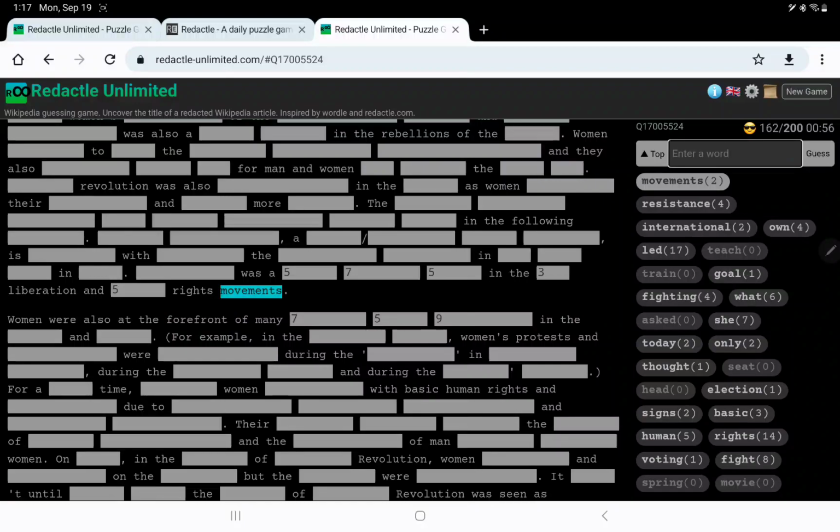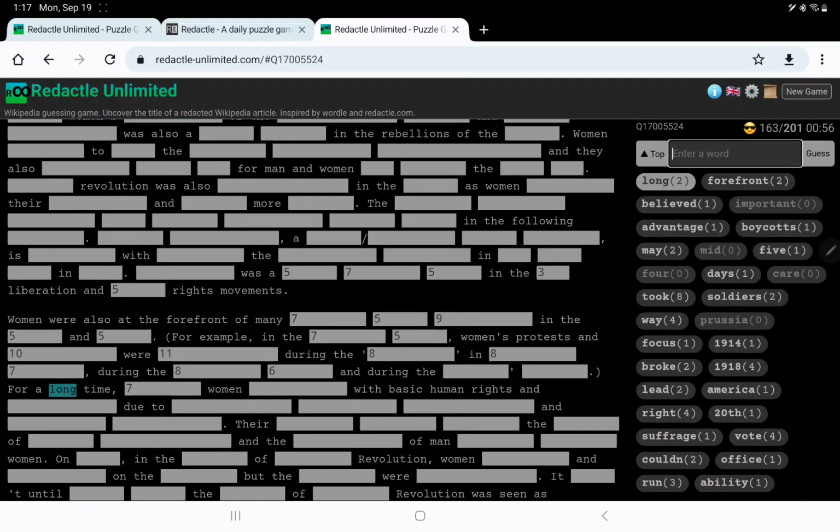Just 2 movements. In the 5 and 5, for example, in the 7-5, during the something something, for a long time, 7 women, 9.